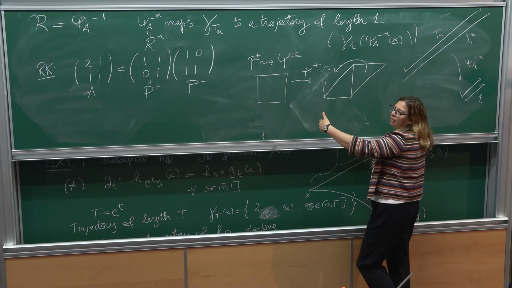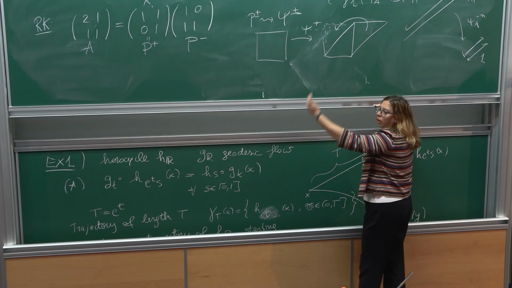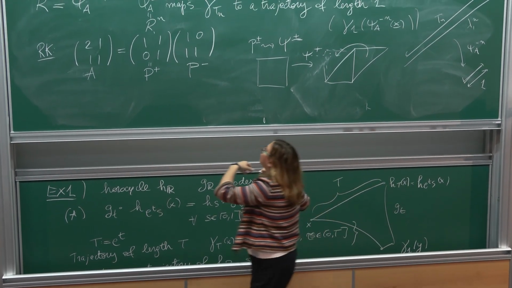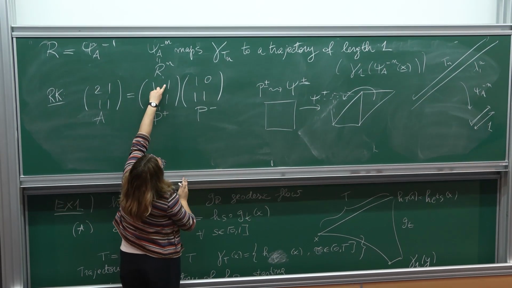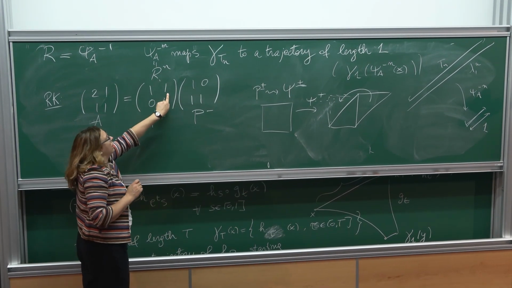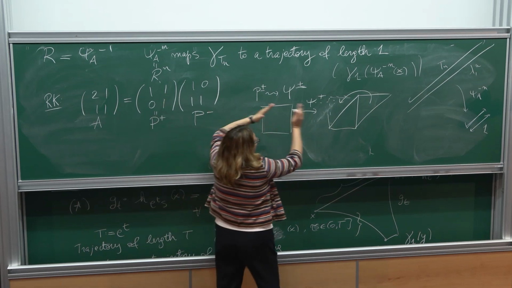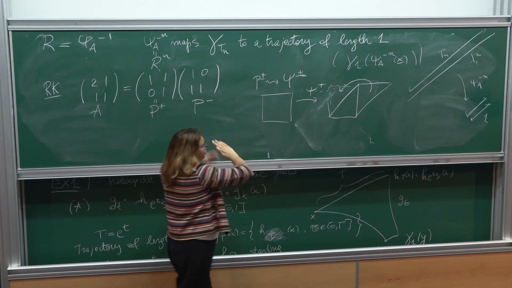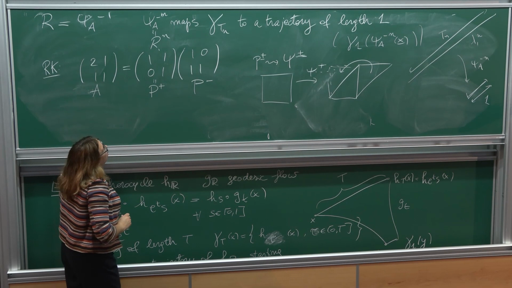And you can check that this gives a homeomorphism, so a continuous map. It wouldn't work if I had chosen a partial Dehn twist, something which is not an integer here. But because I chose an integer, it's continuous, and it's also a linear map of the torus.